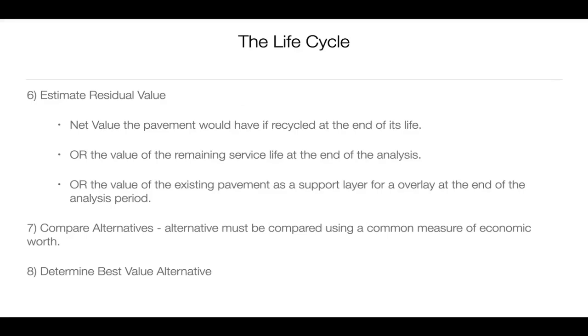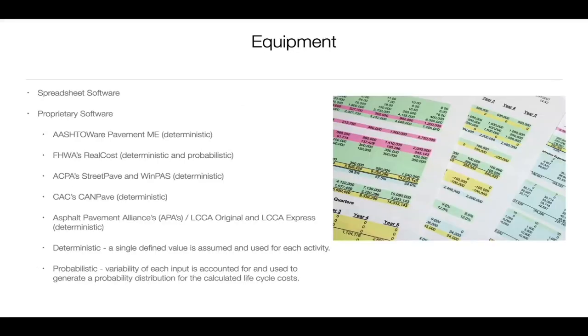So whichever option, what's going to happen to the road at the end of its life, that's the option you'll choose. And then you compare alternatives, and then you determine the best value alternative. And that's how you will know which one gives you the best value.